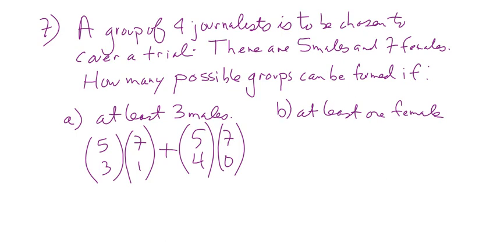At least 1 female. What's the easy way to do at least 1 female? Minus 0 females. How do we do 0 females?